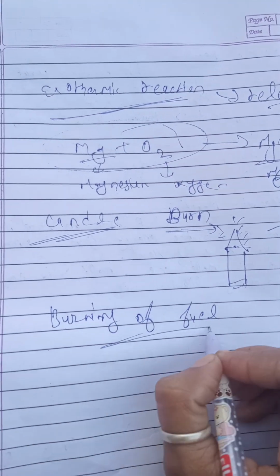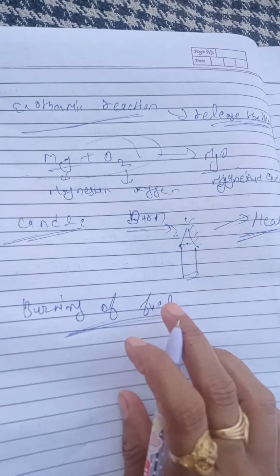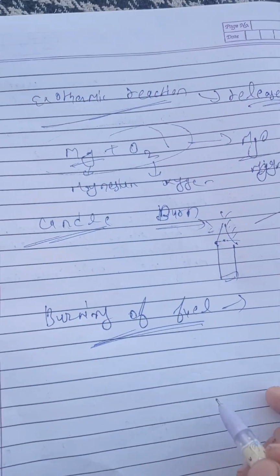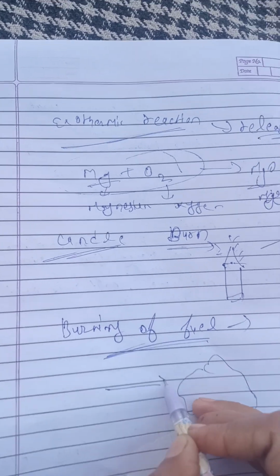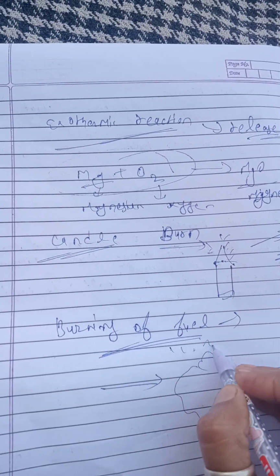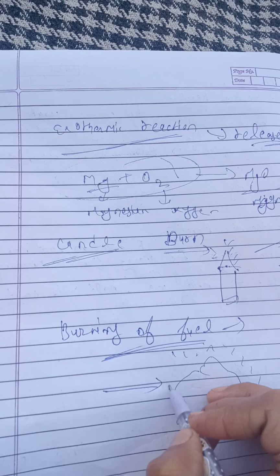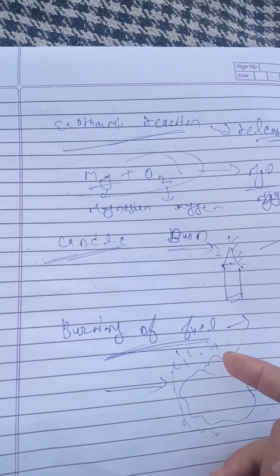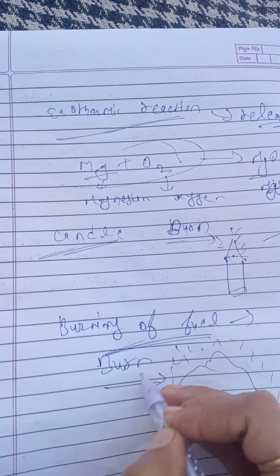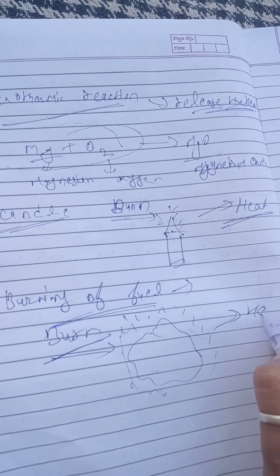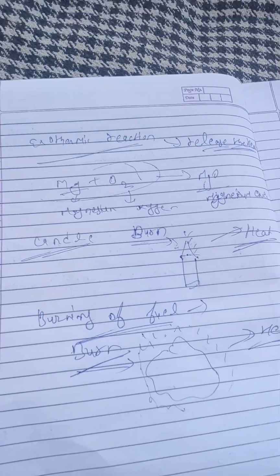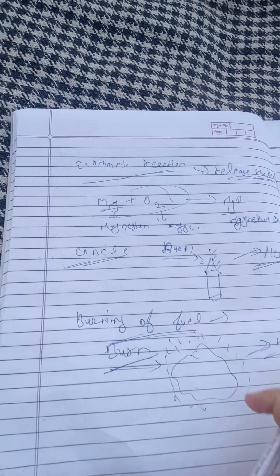Burning of fuel is also an example of an exothermic reaction. When we burn the fuel, it gives heat. This is an example of an exothermic reaction.